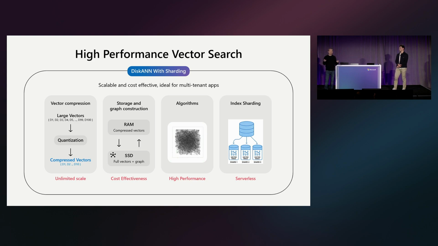It combines the graph building algorithm with product quantization to compress vectors, so it can search billions of data points efficiently. The key innovation is that it stores most of the index on fast SSDs while keeping the compressed pointers in RAM for quick access. This combination gives us high accuracy, low latency, and the ability to scale far beyond what in-memory approaches can handle.